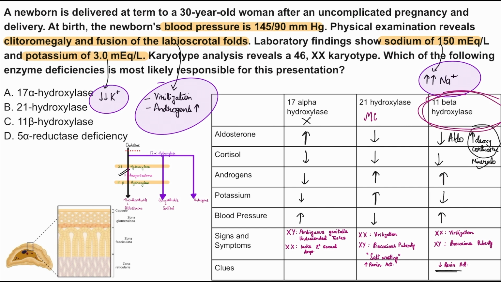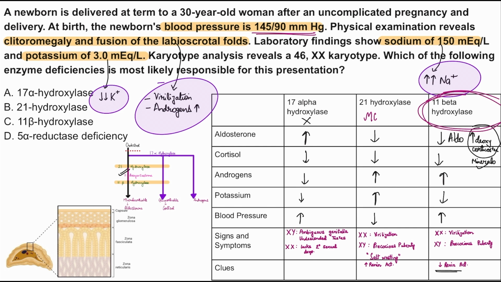So when there is 11 beta hydroxylase deficiency, what happens? In this situation, your androgens are going to actually increase a lot, and your 11 deoxycorticosterone is responsible for elevating the blood pressure, because it has this mineralocorticoid-like activity.